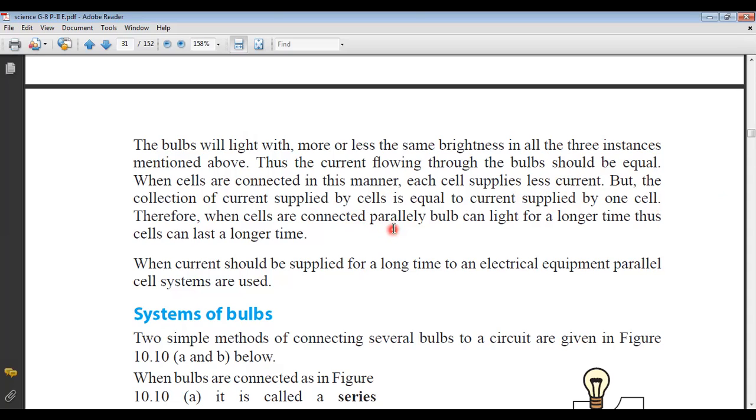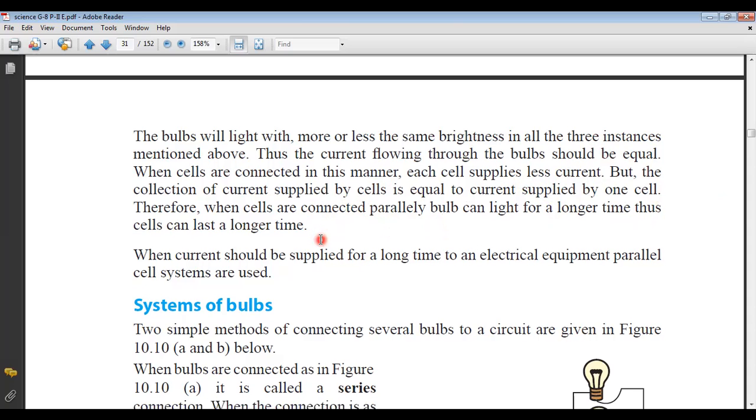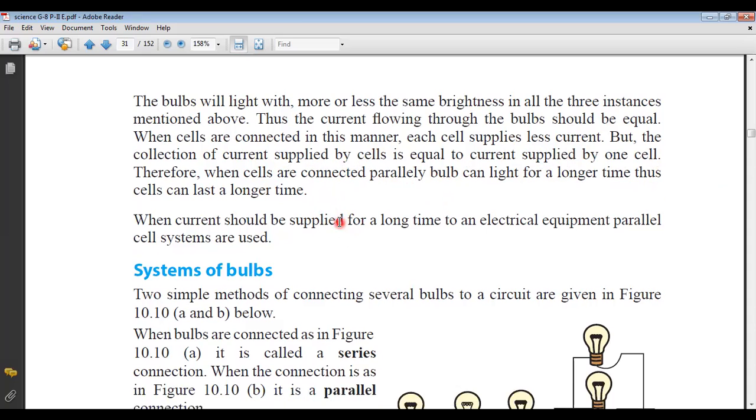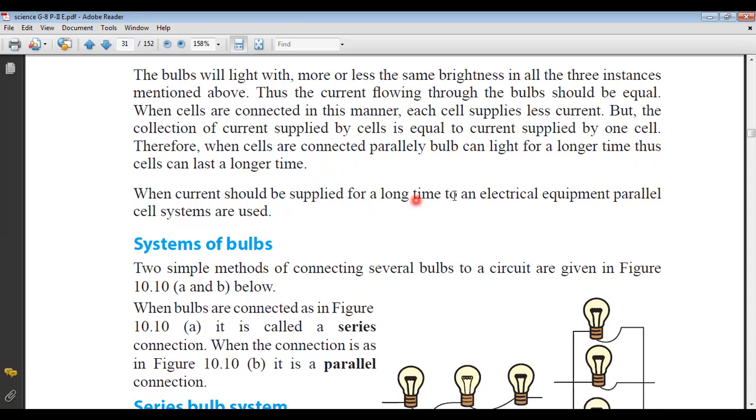Therefore, when cells are connected in parallel, the bulb can light for a longer time, so the cells can last longer. That is the advantage of the parallel system. When current should be supplied for a long time to an electric equipment, parallel cell systems are used.